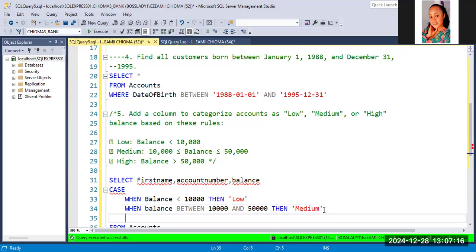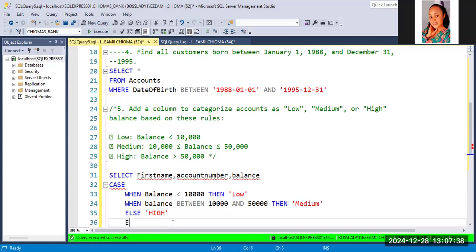If the customer did not meet any of these conditions, then let the customer fall into high. So if you did not meet any of these, you fall into high. These are the 3 categories we're asked to create: low, medium, and high.